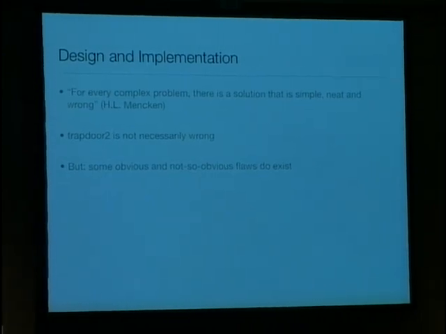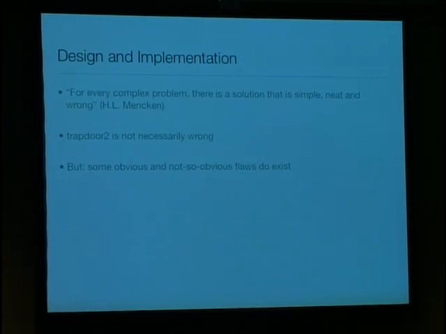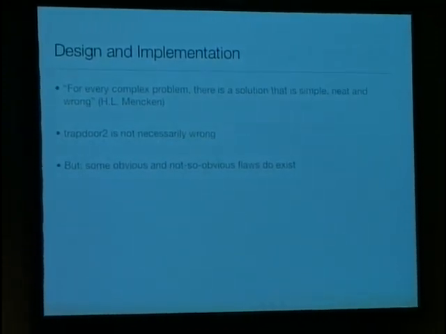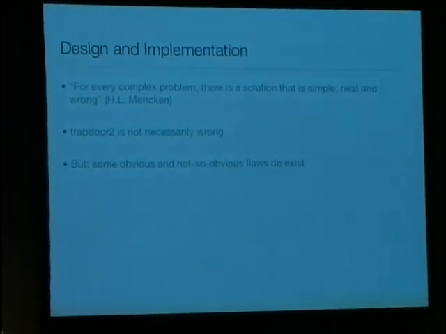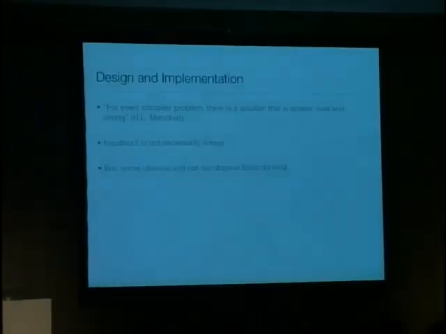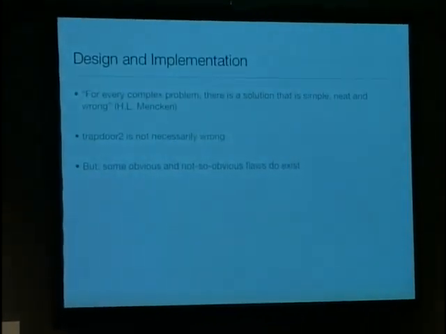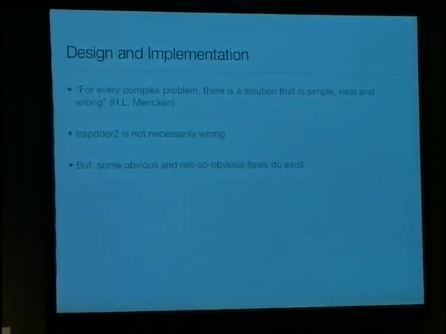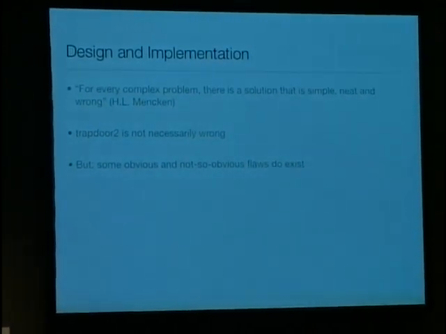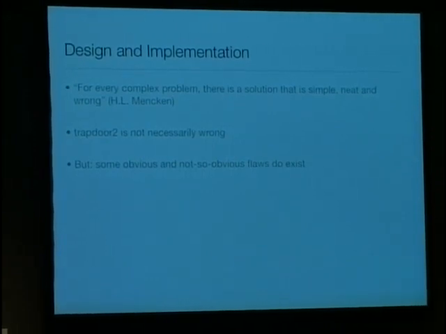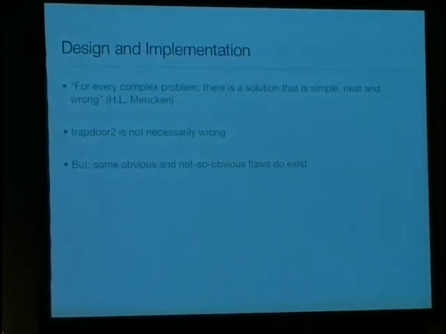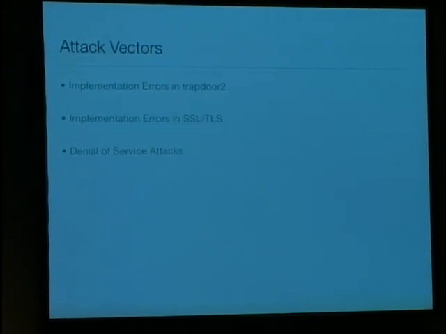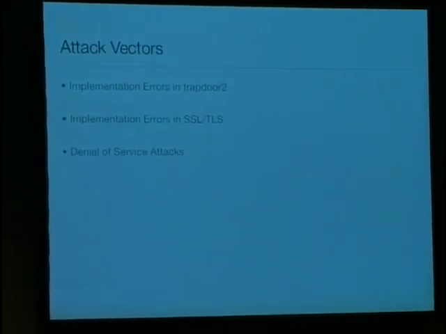Chapter 2 is not really wrong, but when we looked at it closer, after we wrote the first version, we found some obvious and not so obvious flaws. And so we looked a bit further and then implemented code to prevent certain attacks. And the main attack vectors we identified was, first of all, implementation errors in chapter 2 itself.